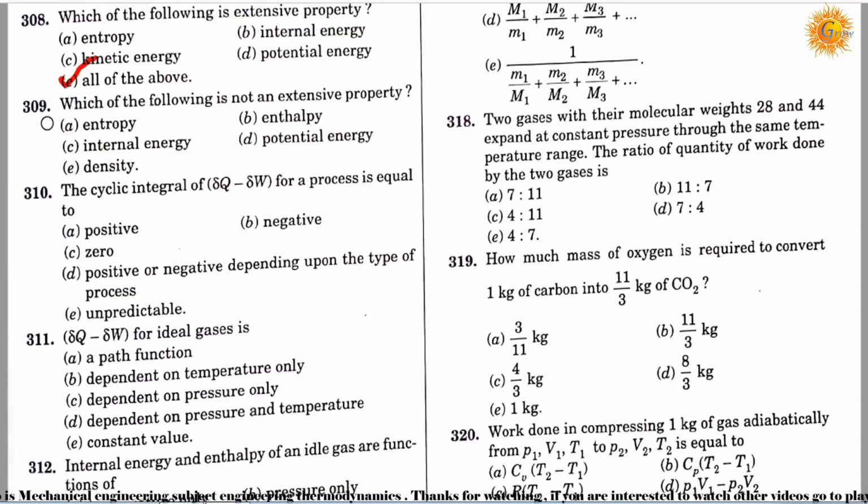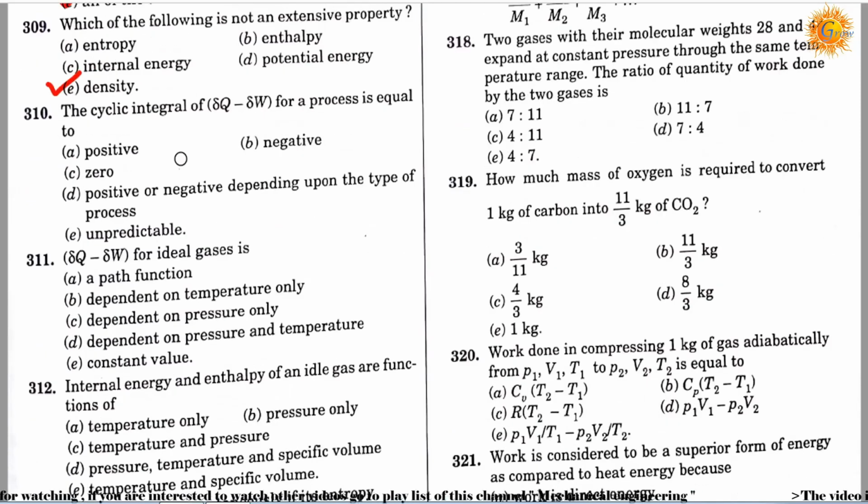Question number 309. Which of the following is not an extensive property? Option A, entropy, option B, enthalpy, option C, internal energy, option D, potential energy, option E, density. So the correct answer is E, density.